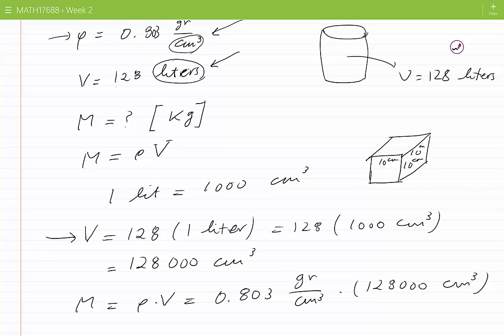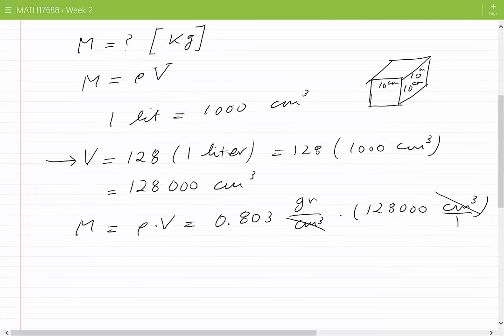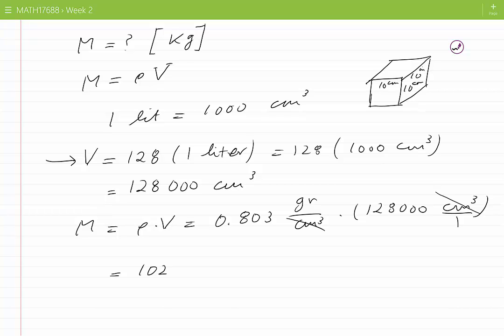Now this centimeters cubed can be thought of as centimeters cubed over 1, and therefore the units of centimeters cubed would cancel out from the numerator and the denominator, and I would have as a result 102,784 grams. We need to be careful that not all of these digits here are reliable.